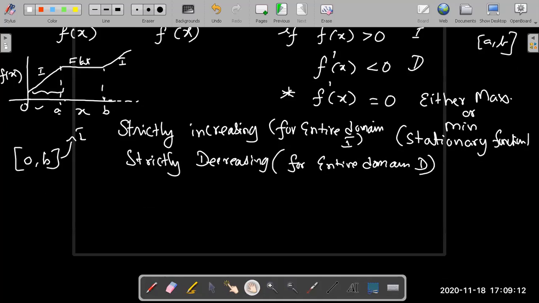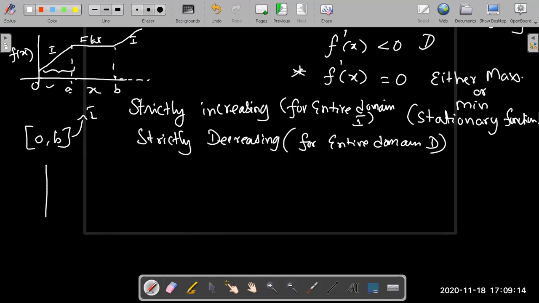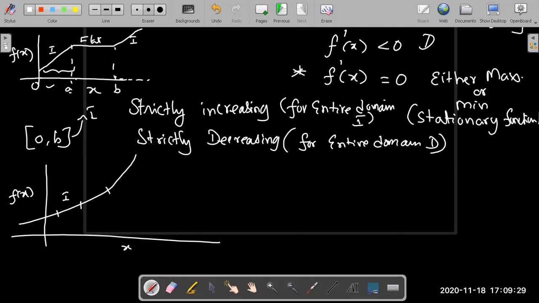Let's suppose we have another curve, f of x like this, and x like this, and you draw this curve. If you differentiate here, you get positive slope. Here also increasing, here also increasing. Let's suppose this is a0, and this is 1, and the value b here.